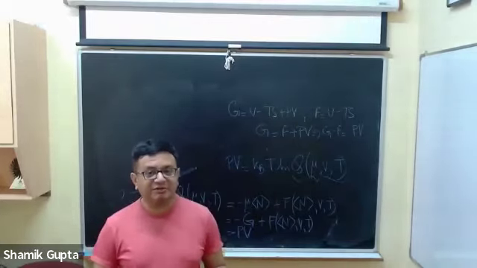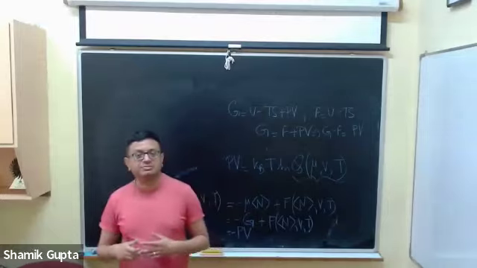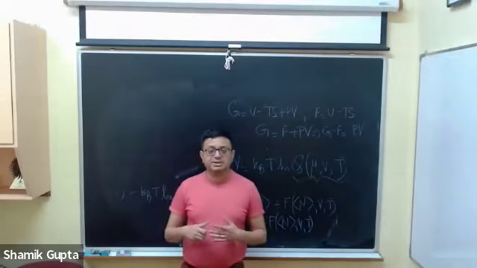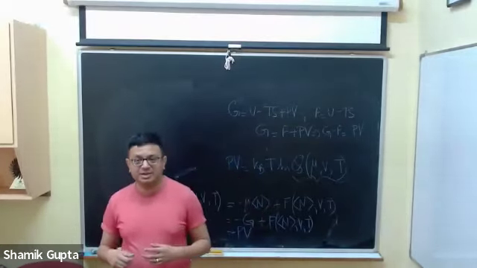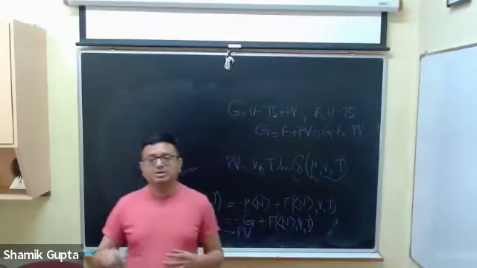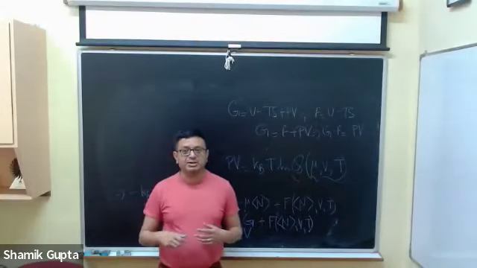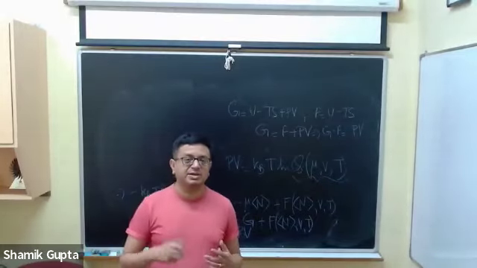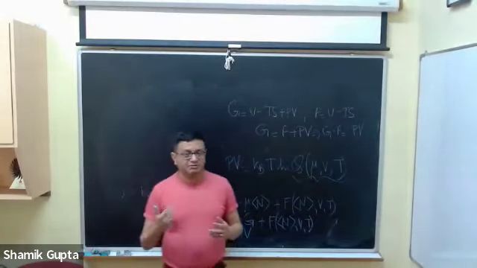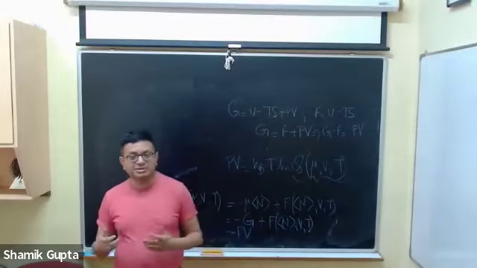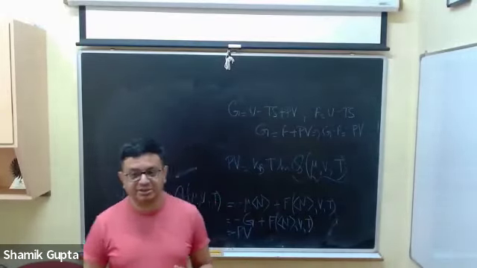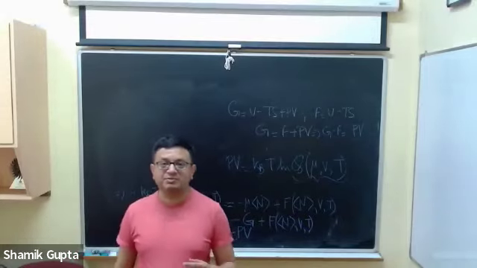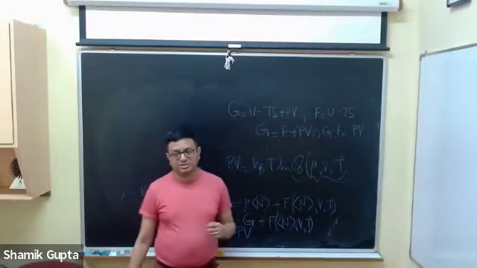Then we went to the second law of thermodynamics, and the consequence that we discussed was Clausius's inequality, which tells us that if you compute the integral of đQ by T around a cyclic process, this quantity is going to be either 0 or negative. It will be 0 for a reversible cyclic process, and negative for an irreversible cyclic process.